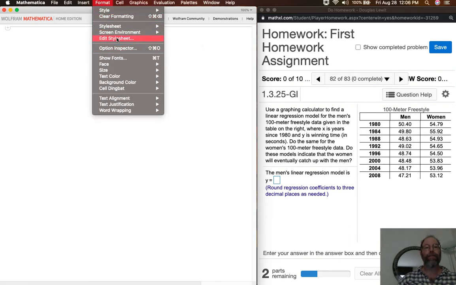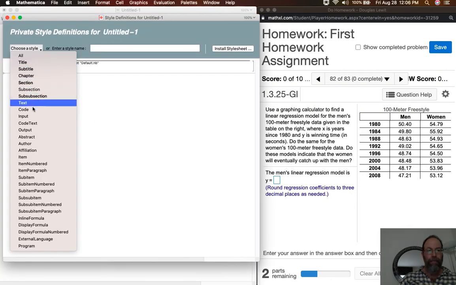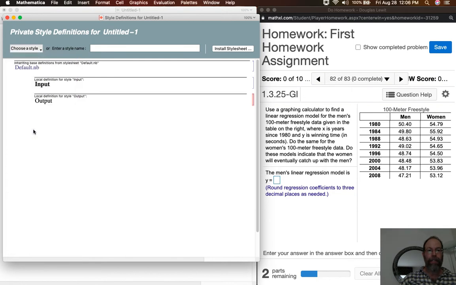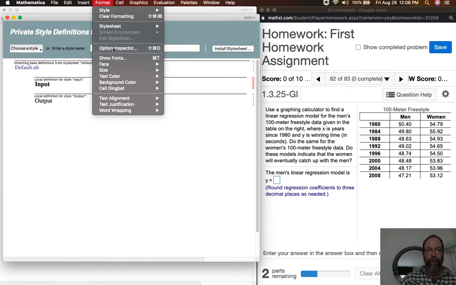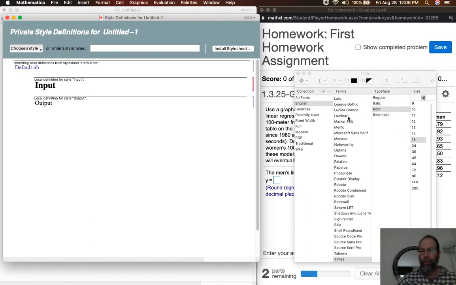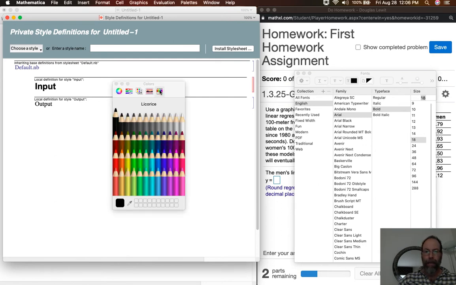Edit style sheet. Input, and we have output. Input, let's see, show fonts. Let's make it 18, bold. I like Arial. And we could make that, how about midnight blue? Midnight blue.